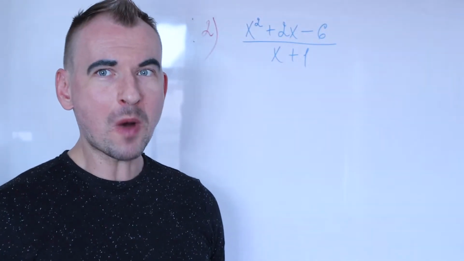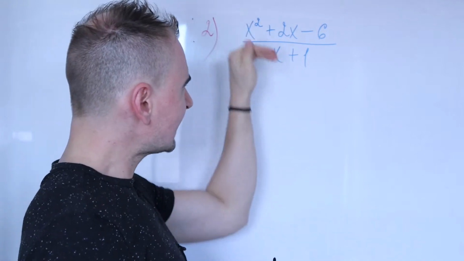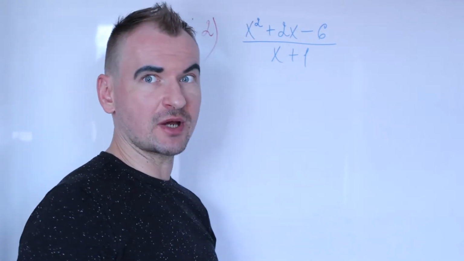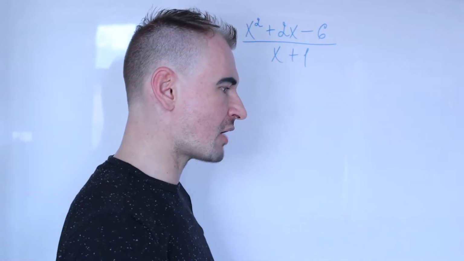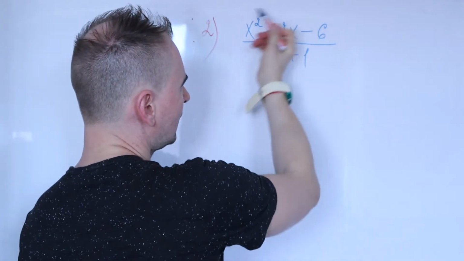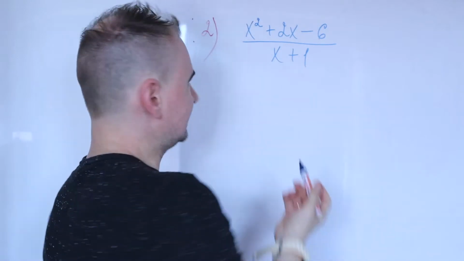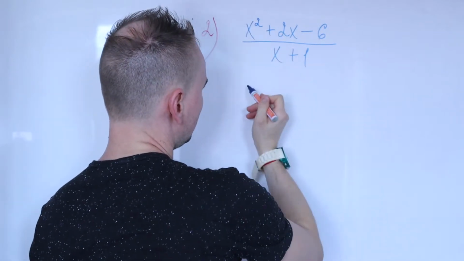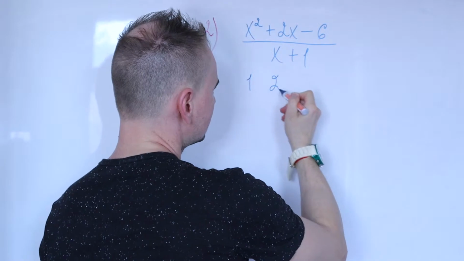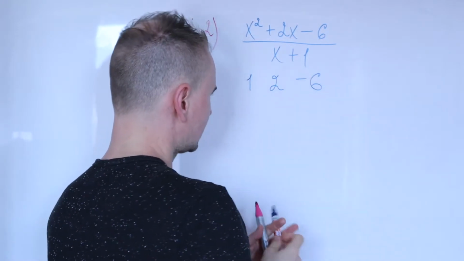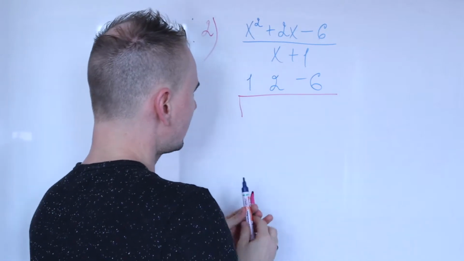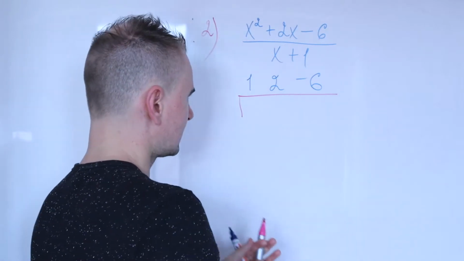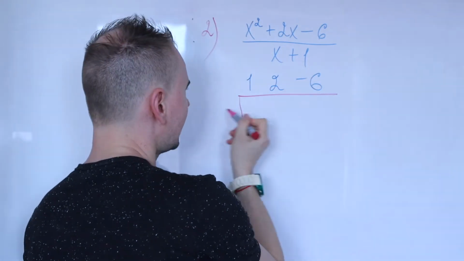Alright, moving on. One more. Quadratic by x plus 1. So we always start by writing out the coefficients of your dividend, which are 1, 2, negative 6. We draw this corner, and I'm going to place there not 1 but negative 1.